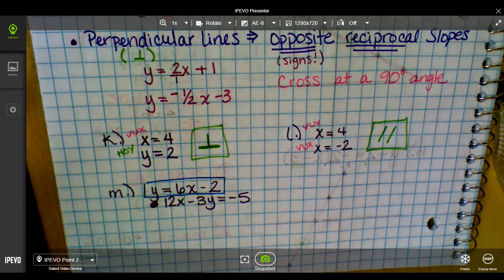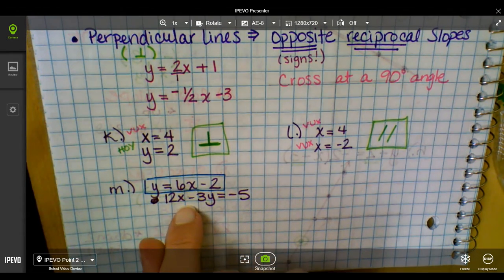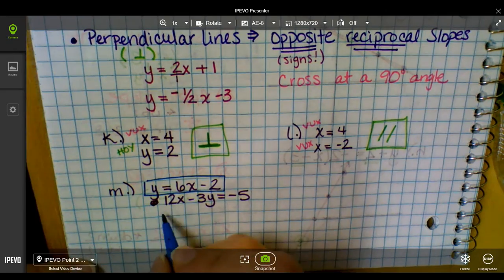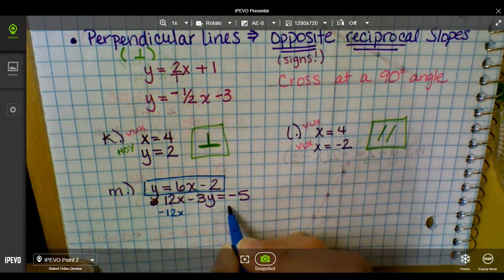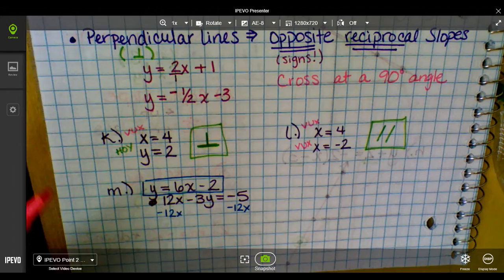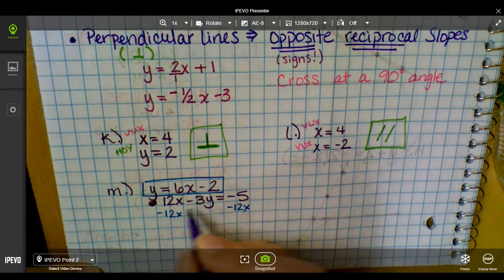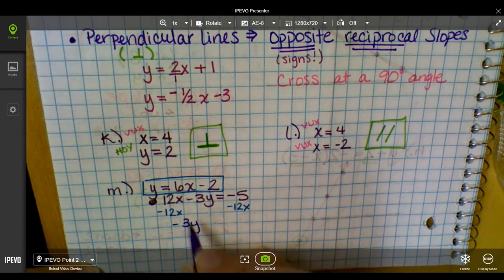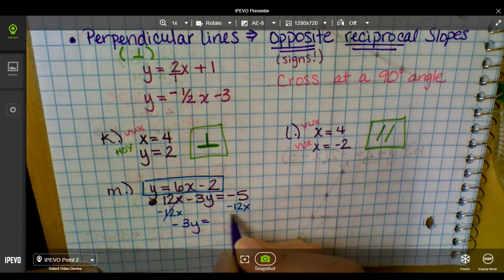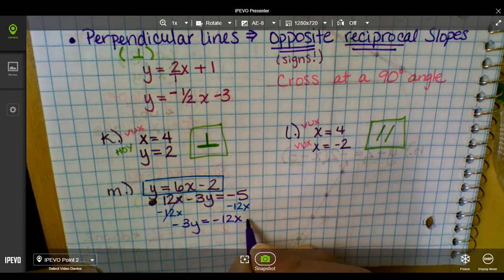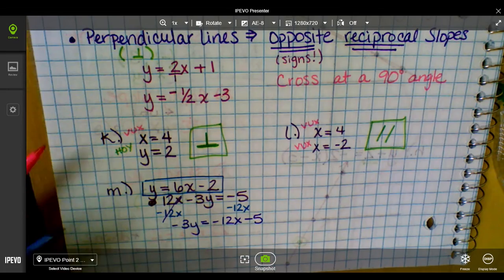Okay, so over here, I need to get this one into slope-intercept form. So remember, this one is where we get the x's on the right side of the equal sign. So we're subtracting that 12x. Then we have -3y over here after these guys cancel. I want my x's first, so -12x minus 5.